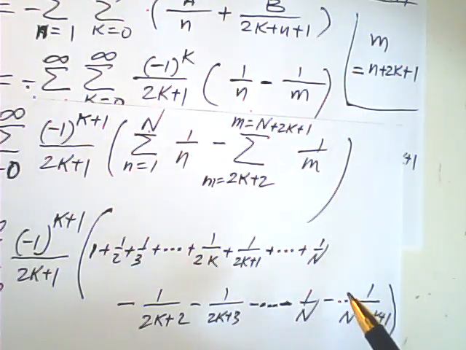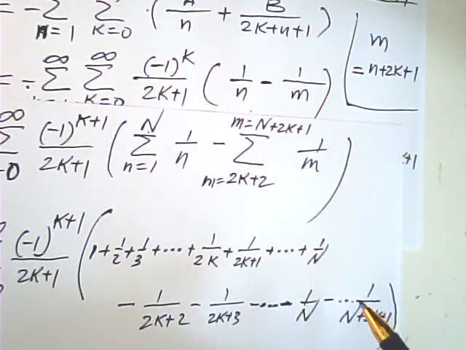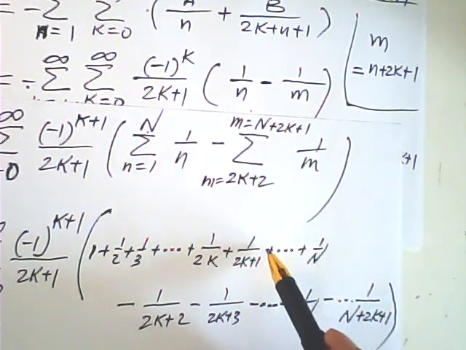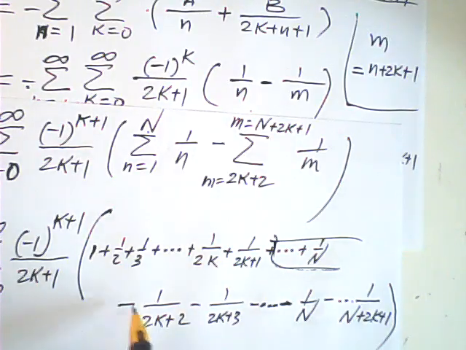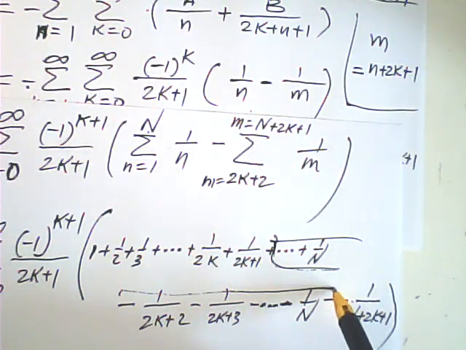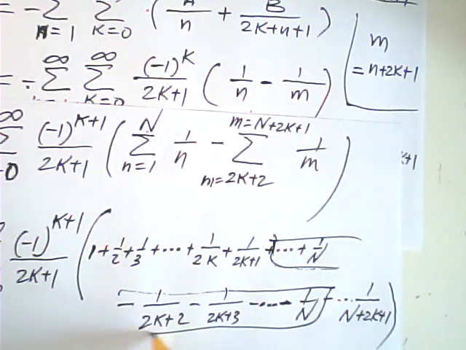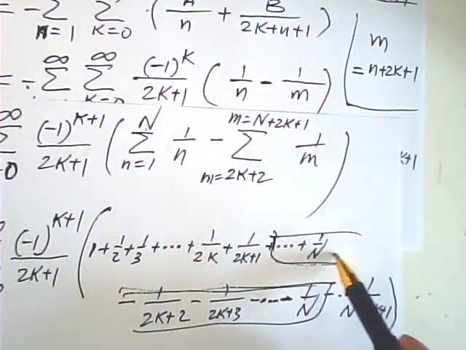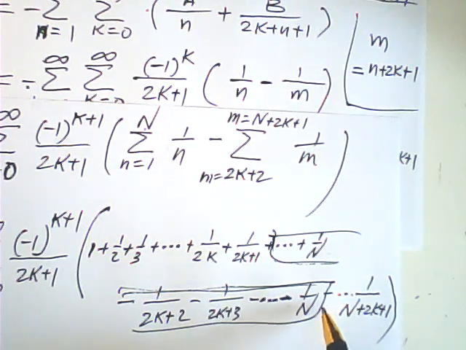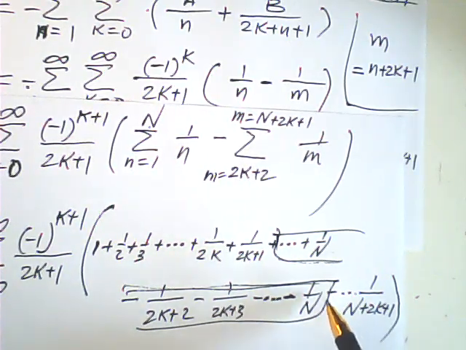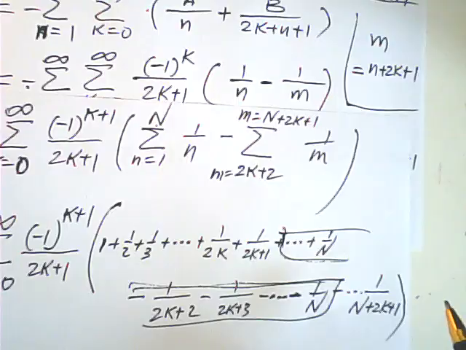Do you see all the cancellations? That means from this onward, cancel that. These terms cancel with those terms. And from that onward, when capital N goes to infinity, then everything goes to 0.